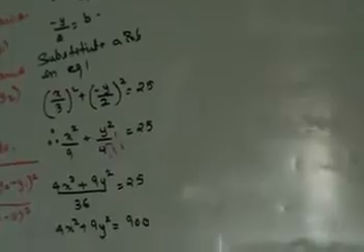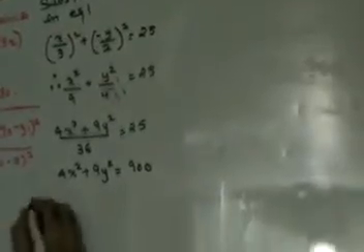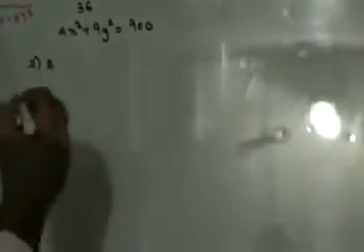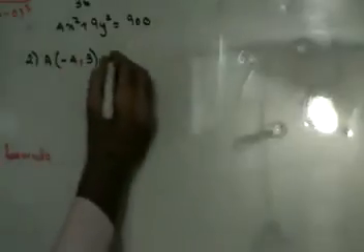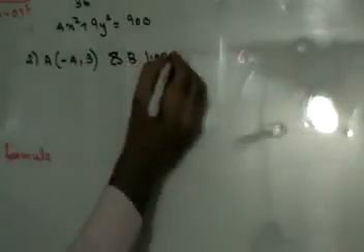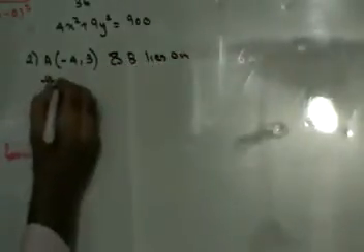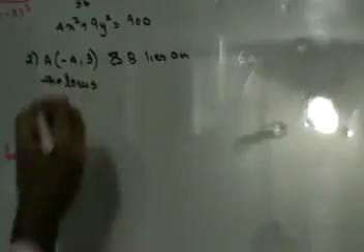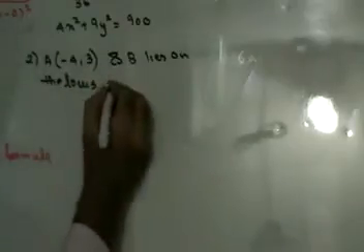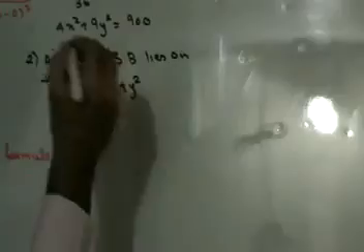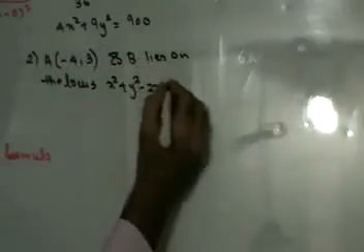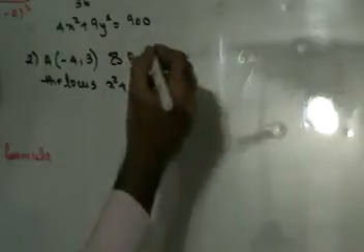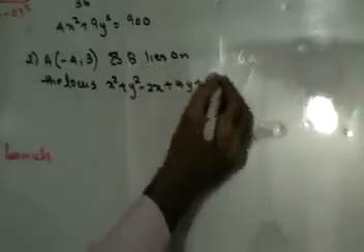Next, let's see another sum, guys. A is minus 4,3 and B lies on the locus x square plus y square minus 2x plus 4y plus 1 is equal to 0.